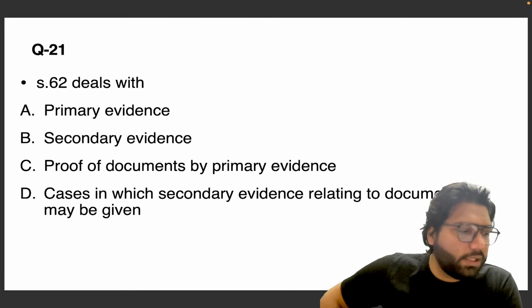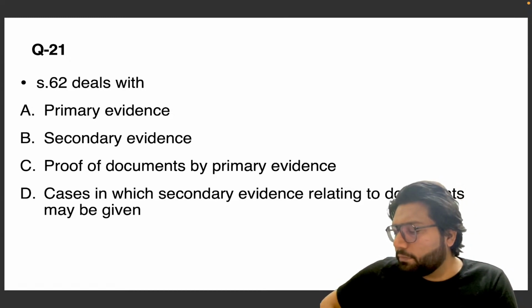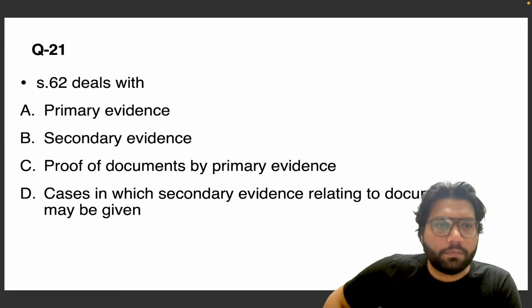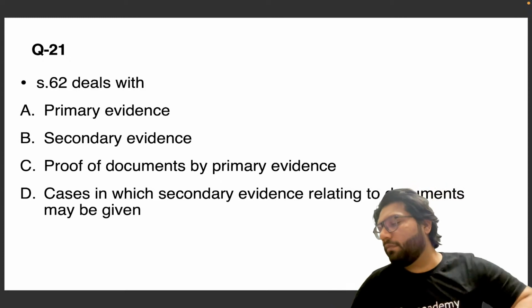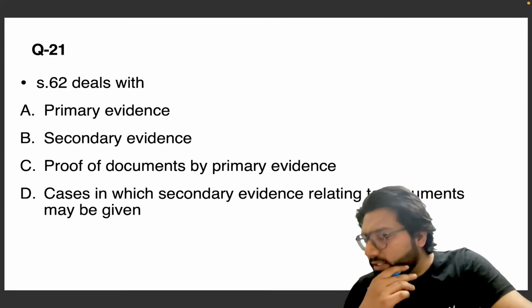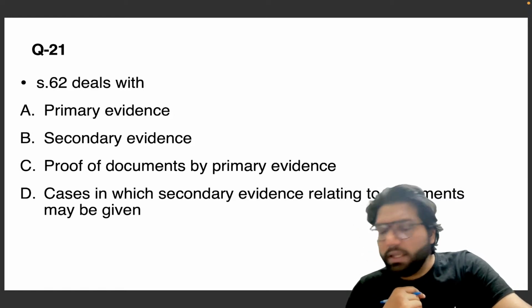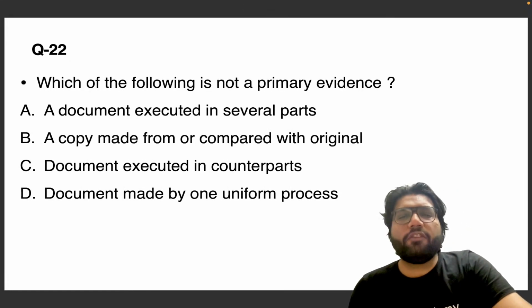Section 62 deals with: first one to answer correctly, Sapna, followed by Amit and Shivani. A is the correct answer, primary evidence. Which of the following is not a primary evidence?